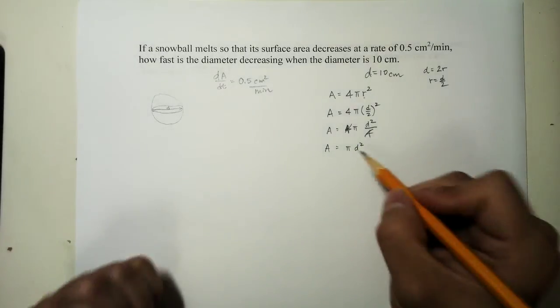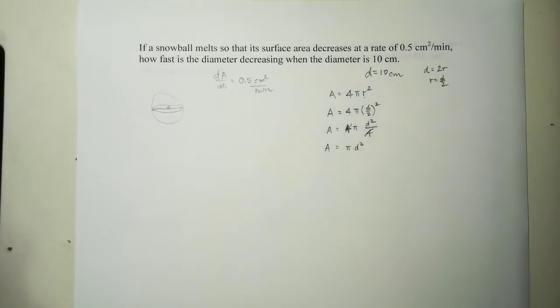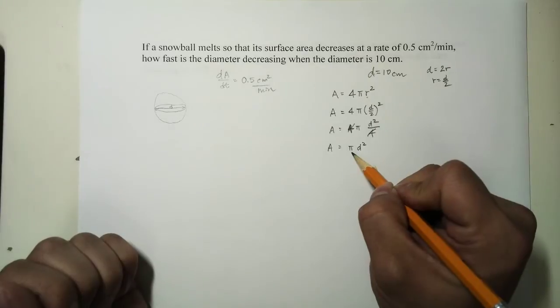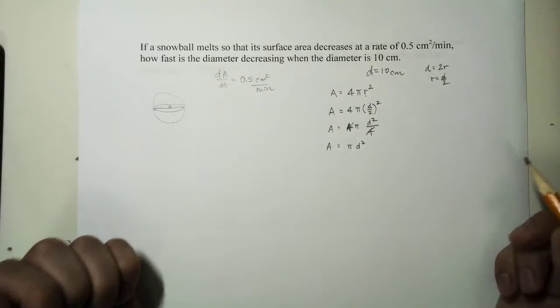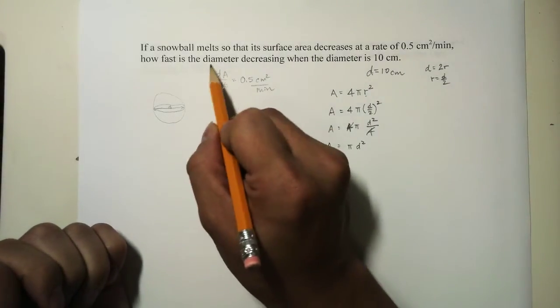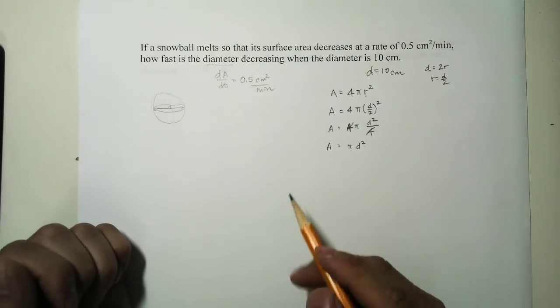And again, pi here is just a number. It's not a variable, it's just a number, 3.14 and so on. I don't really care about the chain of decimals here, just knowing that it is a number. Okay, now we are curious about the change of diameter.